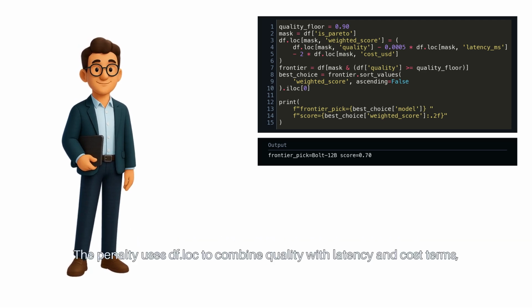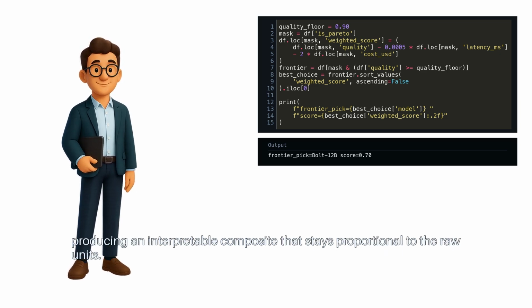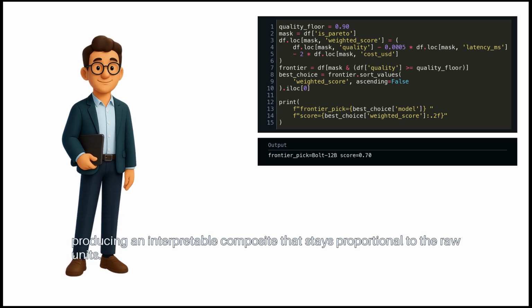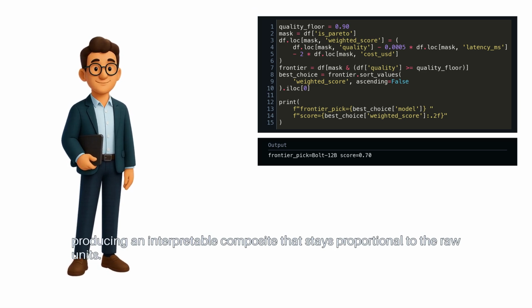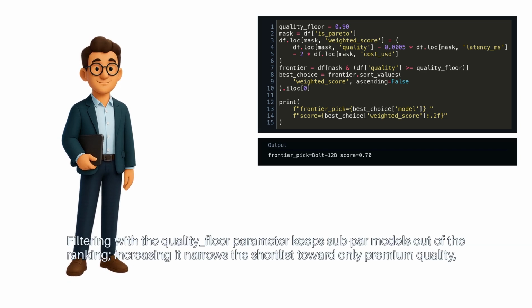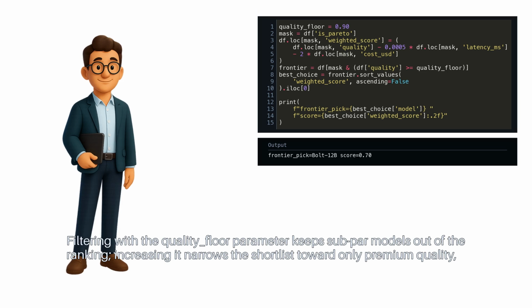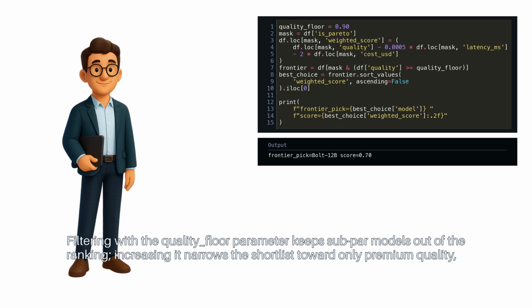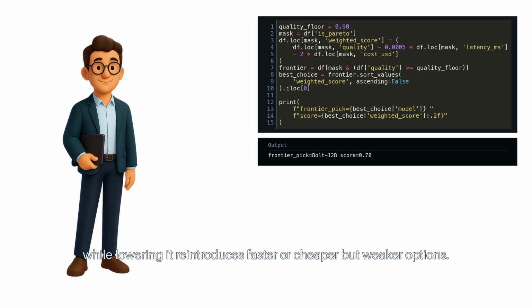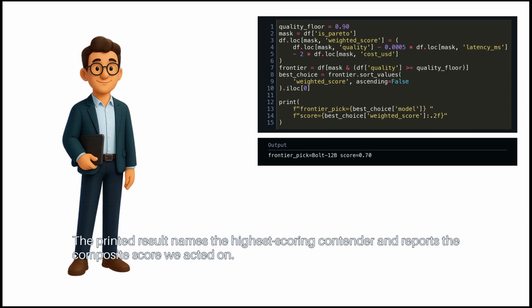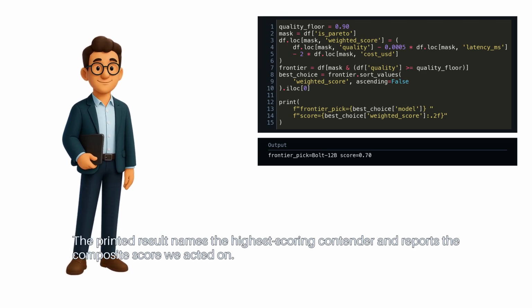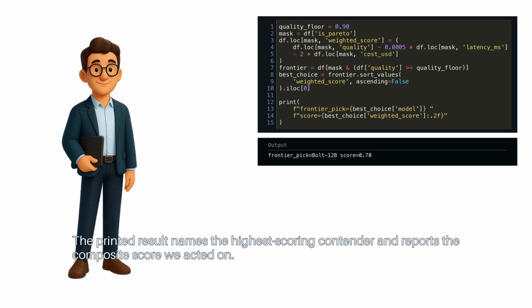The penalty uses df.loc to combine quality with latency and cost terms, producing an interpretable composite that stays proportional to the raw units. Filtering with the quality floor parameter keeps subpar models out of the ranking. Increasing it narrows the shortlist toward only premium quality, while lowering it reintroduces faster or cheaper but weaker options. The printed result names the highest scoring contender and reports the composite score we acted on.